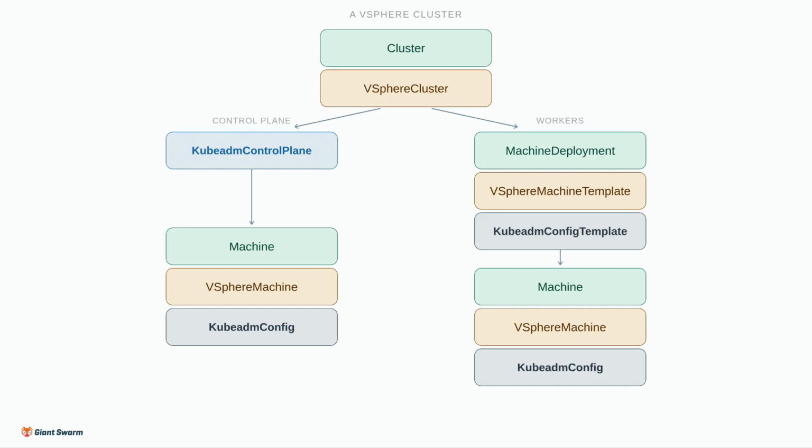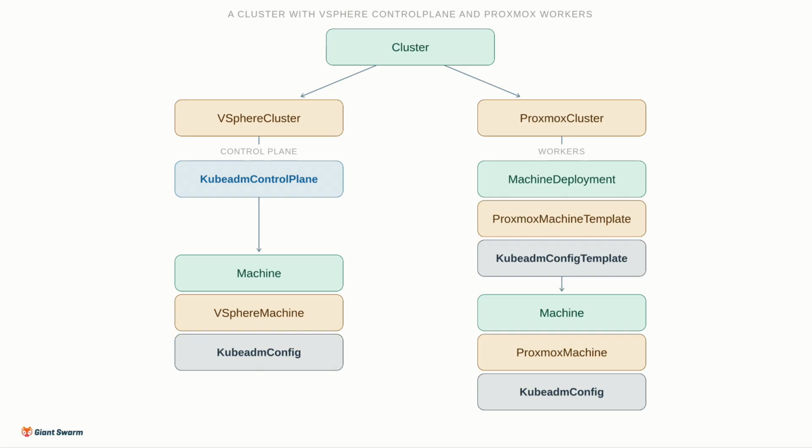So this is a vSphere cluster. This is a standard-issue CAPI cluster. There's one infra provider here, and it is vSphere. And this cluster is alive, and it is running very healthily. Now our idea was to add a node pool in another provider to this, just to test it out.